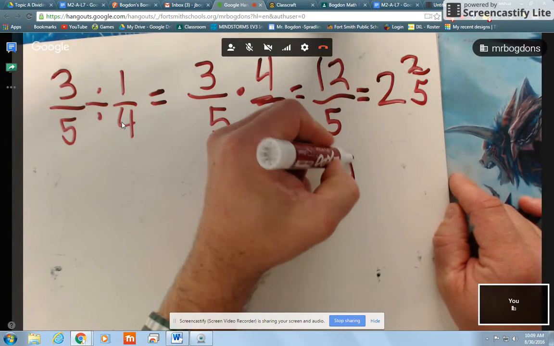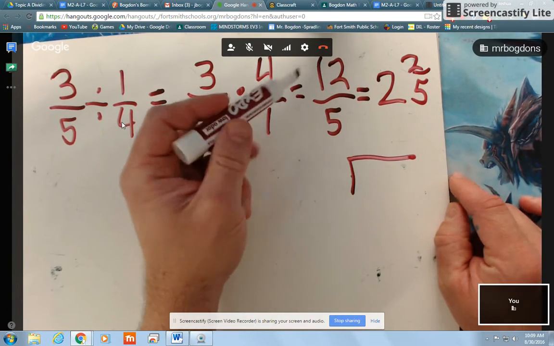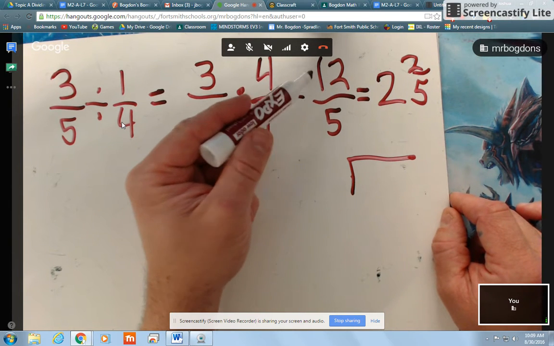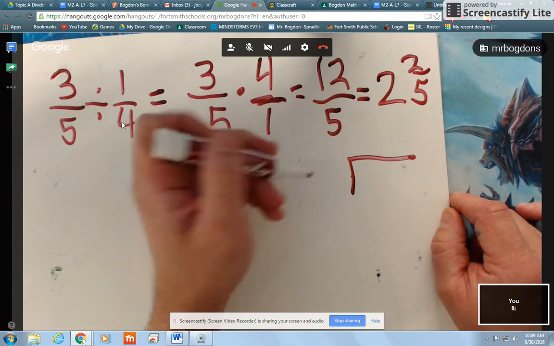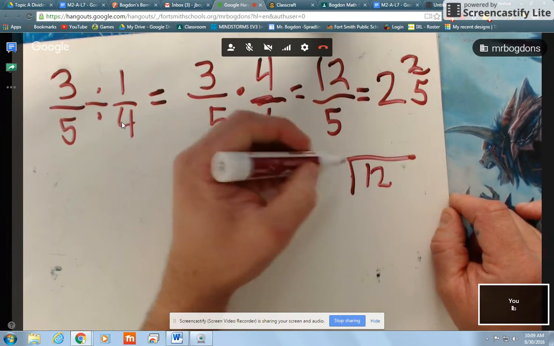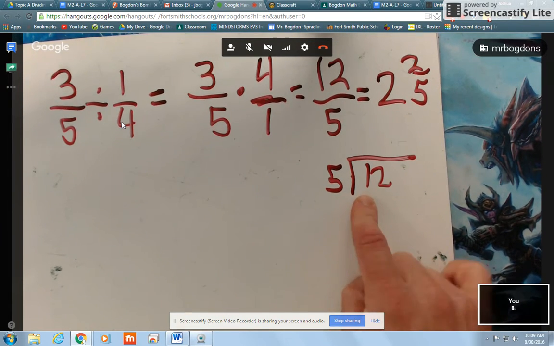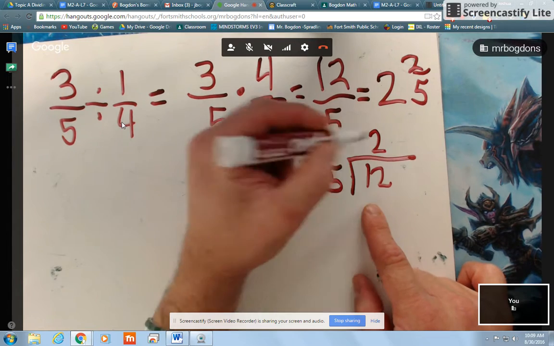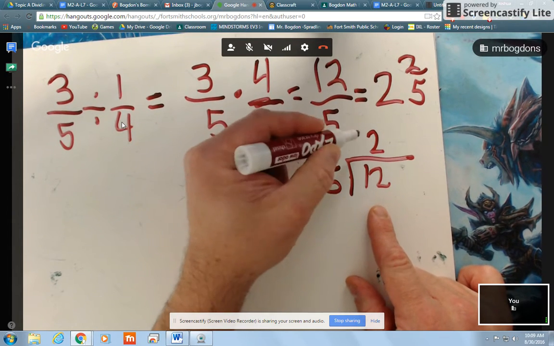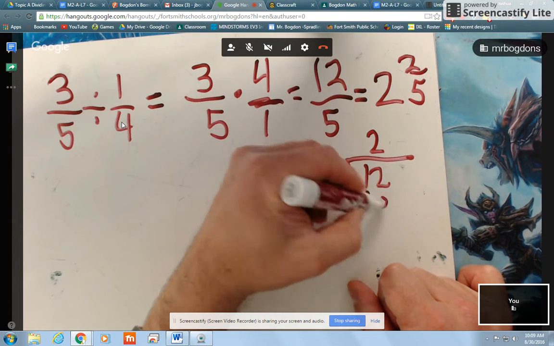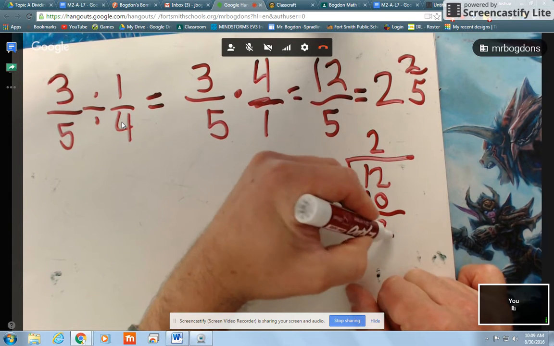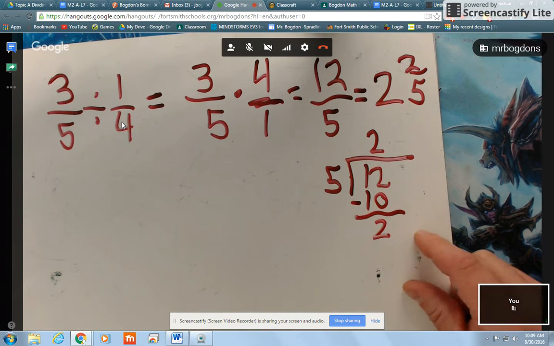Okay, who's going to make inside first, the 12 or the 5? How many groups of 5 will go into 12? What is 5 times 2? So I have a difference of 2 left over. Remainders, we don't like remainders.